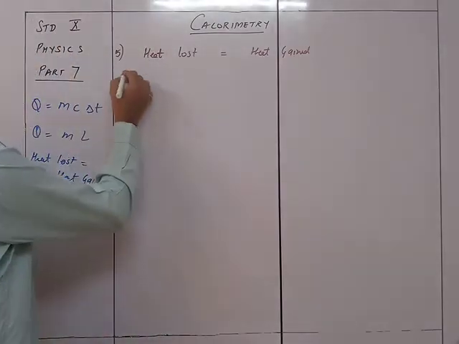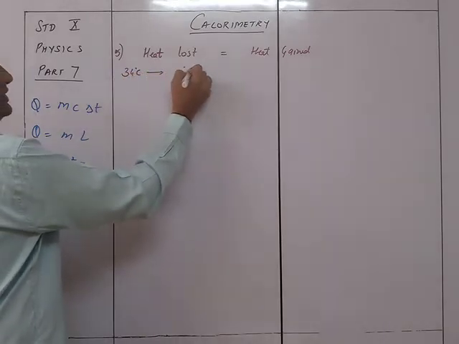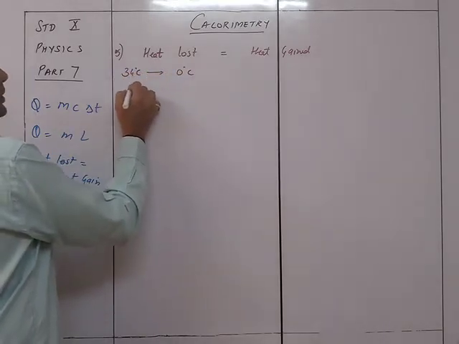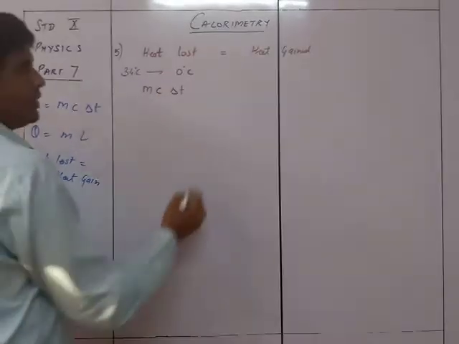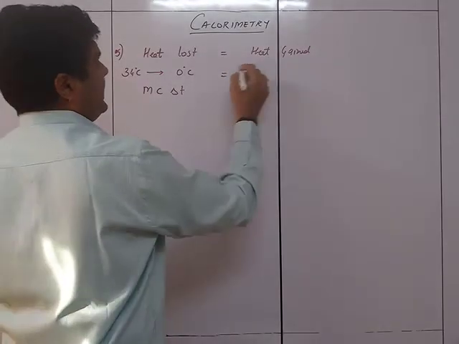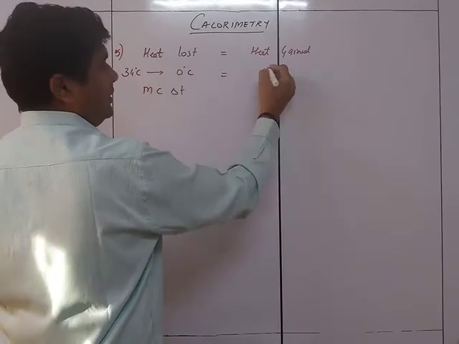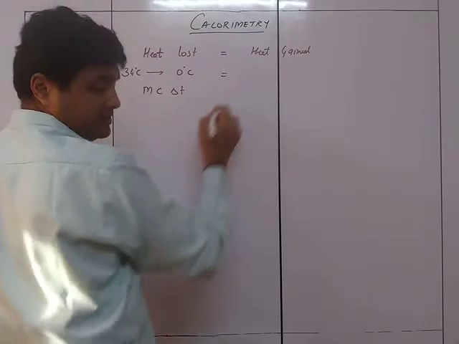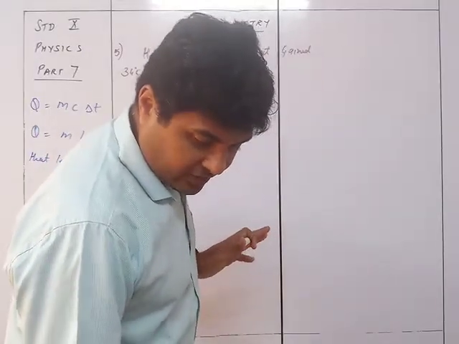The water is just getting converted from 34 degrees Celsius to 0 degrees Celsius. So that is nothing but mc delta T. Over here it is now the ice which is at 0 degrees Celsius.